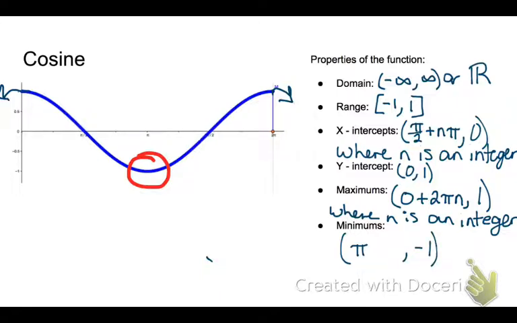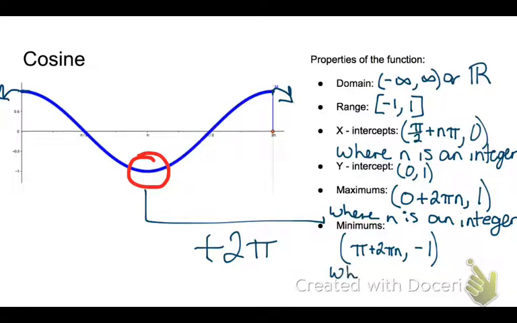The next minimum will happen 2 pi later. So for my minimums, it'll be pi plus 2 pi n, -1, where n is an integer.